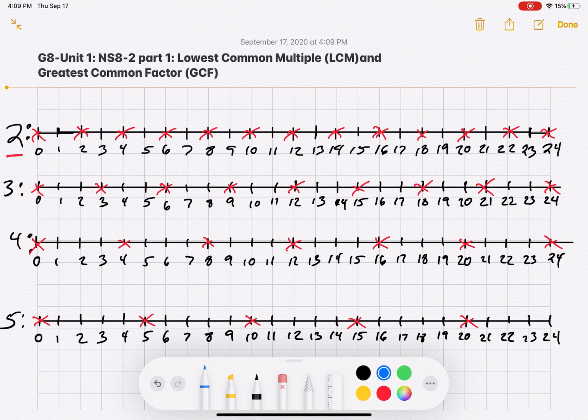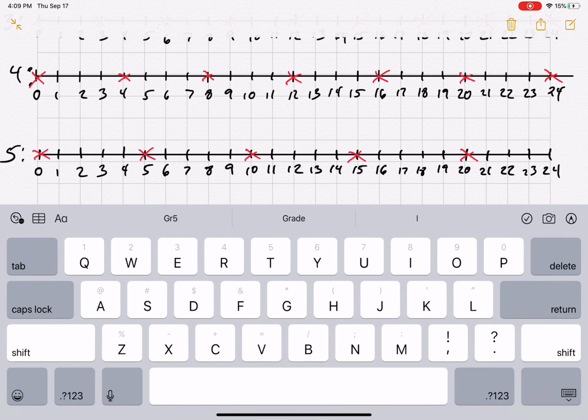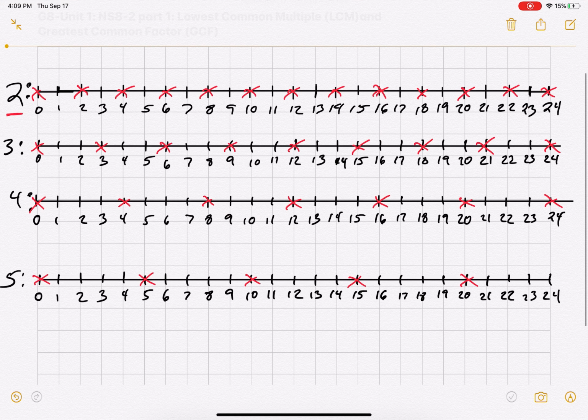Having it lined up on a number line really helps you see. So I can just follow along on the number line to each point and see where we match up. And I notice that I match up on 10 and I match up on 20.